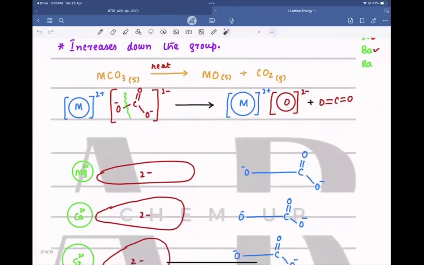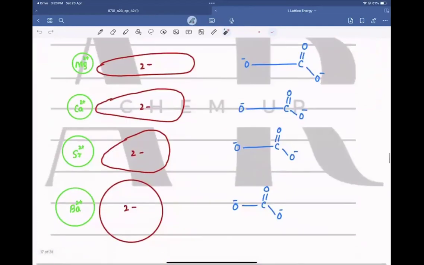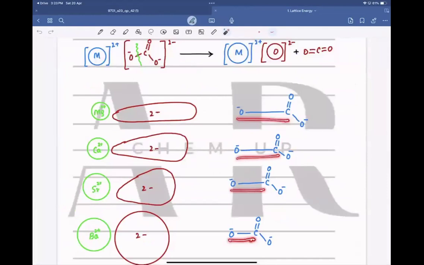This is because of ion polarization, because magnesium is the smallest one, so it polarizes the carbonate the most. But as we move down the group, the size gets bigger, and as a result, the ion polarization is decreasing. And as the polarization is decreasing, the carbon-oxygen bonds get stronger and stronger. And as a result, we need a greater amount of energy to break it. Now, is it understandable?